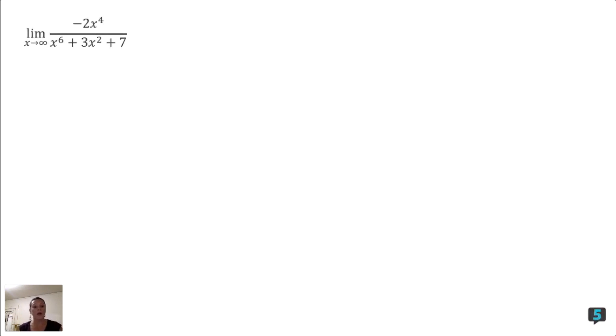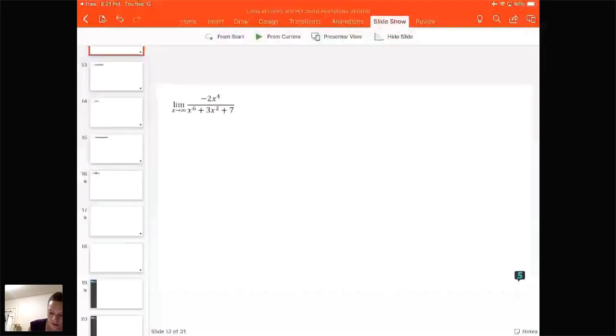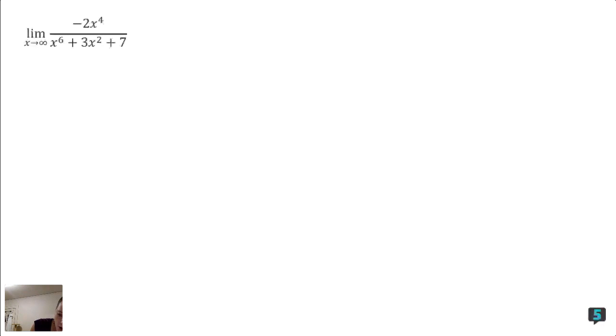So going along with the same thought process as in the beginning, anytime I'm taking a limit that approaches infinity or negative infinity, I'm really only worried about the term that grows the fastest in the numerator and the term that grows the fastest in the denominator. Okay, so I'm still looking at only negative 2x to the 4th in the numerator and just x to the 6th in the denominator.